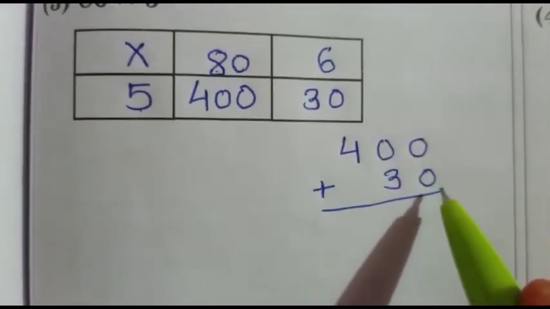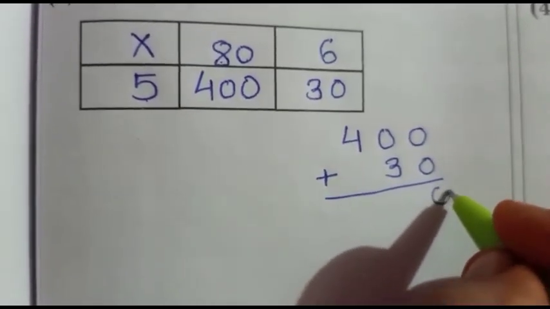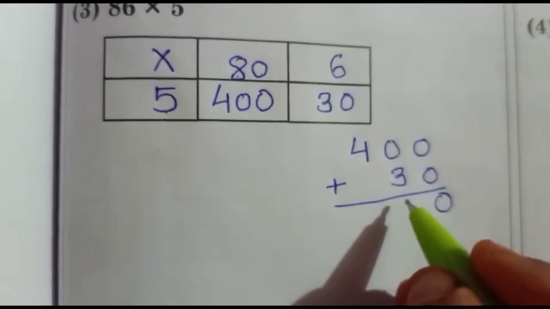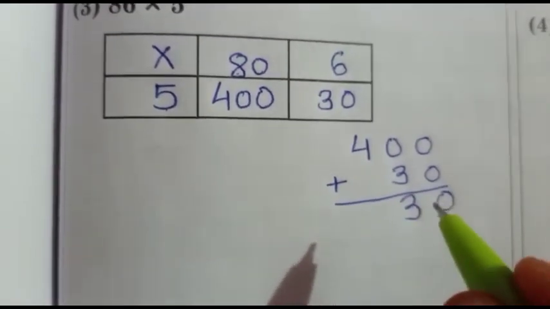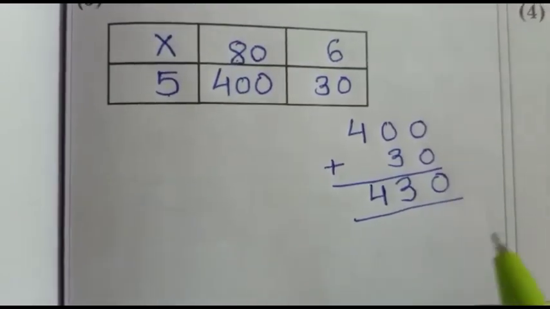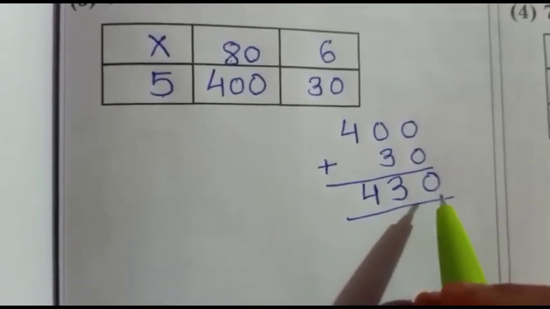So 0 plus 0 is 0. 0 plus 3 is 3, and 4 you will write as it is. So the answer is 430.